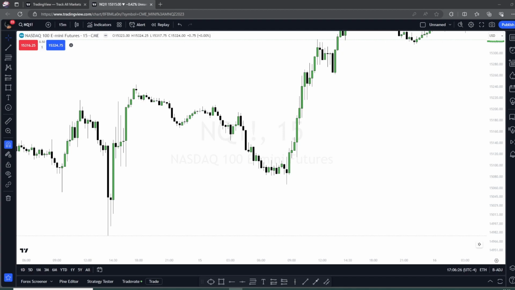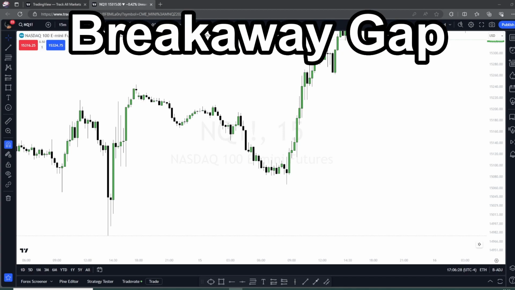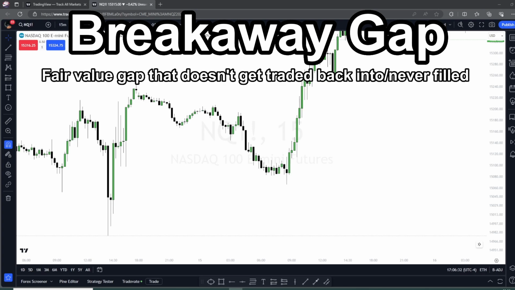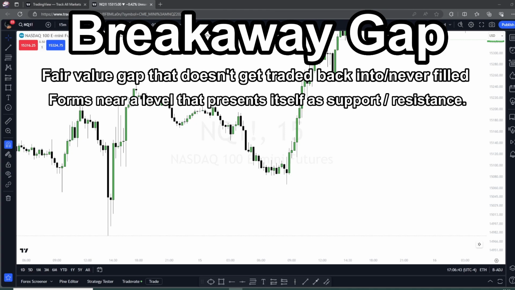So a breakaway gap is, in very simple terms, just a fair value gap that doesn't get traded back into, or at least stays open, which means that price never filled it. The breakaway gap is expected to form when, let's say we're bullish and you have identified a level that would be presented as support or a discount array, which basically just means a significant PD array in discount, or below the 50% Fibonacci zone level.